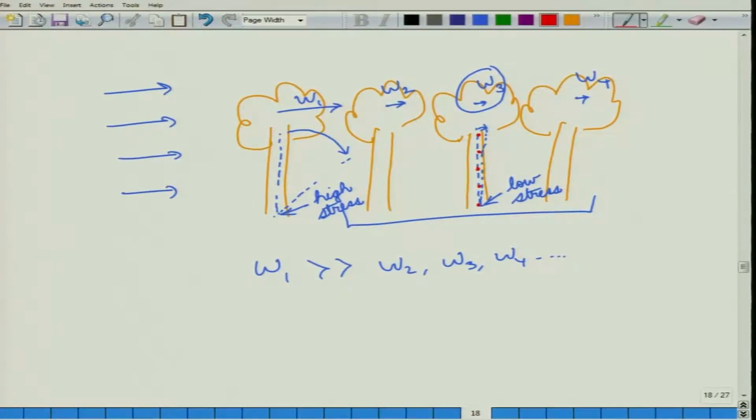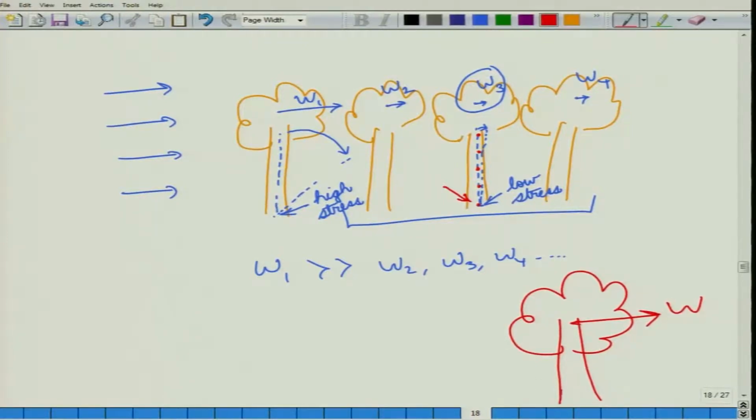So, there is hardly any incentive for this tree to accumulate more resources at the bottom portion, whereas a tree that was growing in a solitary fashion was experiencing a very large wind force, and so it had to accumulate more material. And here you have a very small amount of accumulation. So, what would this accumulation do?